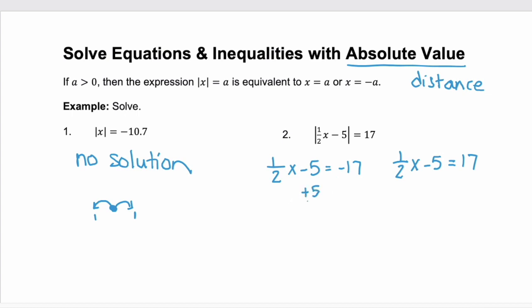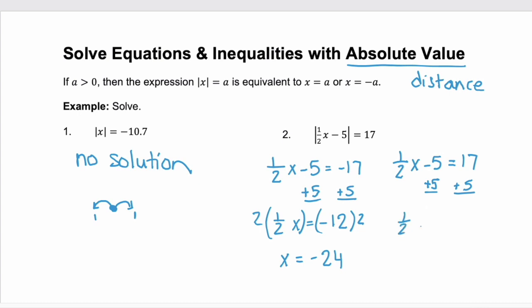Let's solve the first. Add 5 to both sides. We have 1/2 x equals negative 12. We multiply both sides by 2 to get rid of the 1/2. And we have a solution that x equals negative 24. The second possibility, we add 5 to both sides.